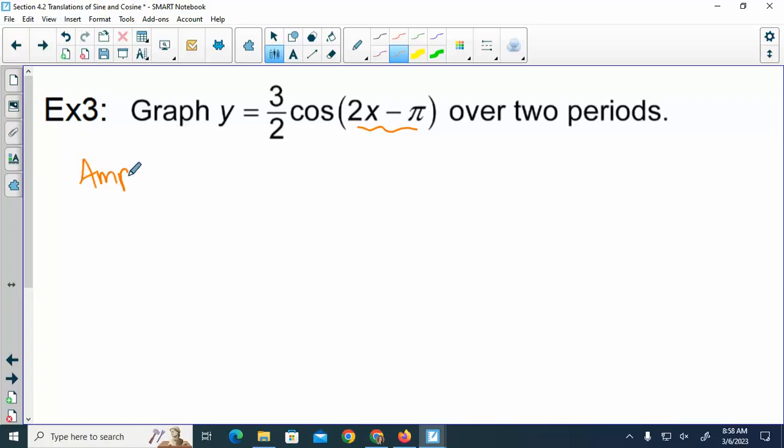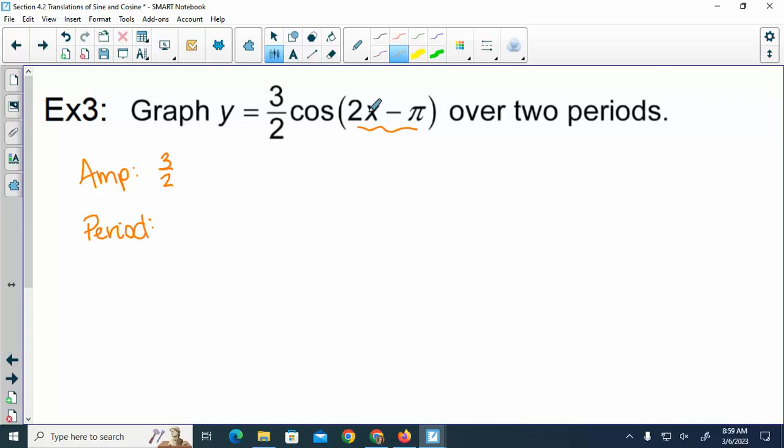So first question I always ask is the amplitude. Where do you look to get your amplitude? The sine or cosine. So this would be an amplitude of 3/2. Period. How do we find the period? Don't you take the 3/2 so that divided by 2?